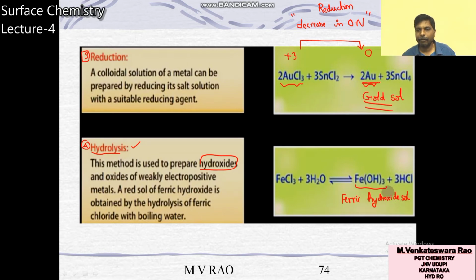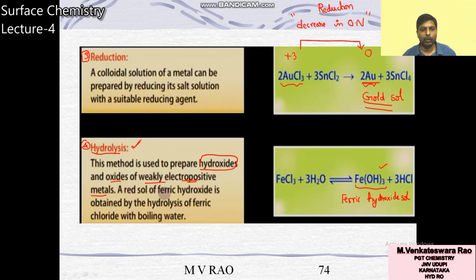The hydrolysis method is used to prepare hydroxide sols like ferric hydroxide sol, and oxides of weakly electropositive metals; oxides also you can prepare by this hydrolysis method.